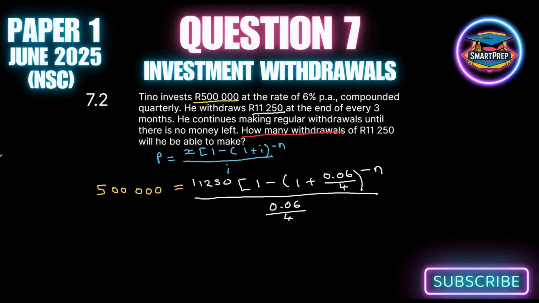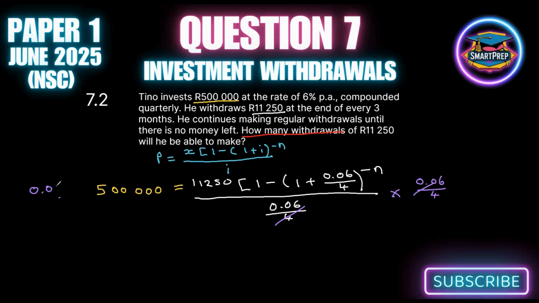Now when you're doing this, what I like to do is multiply both sides by 0.06 over 4 so that it will cancel. So my steps are multiplying both sides by 0.06 over 4 because then that will cancel.